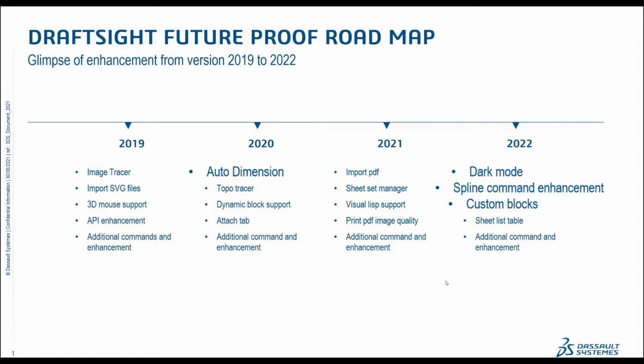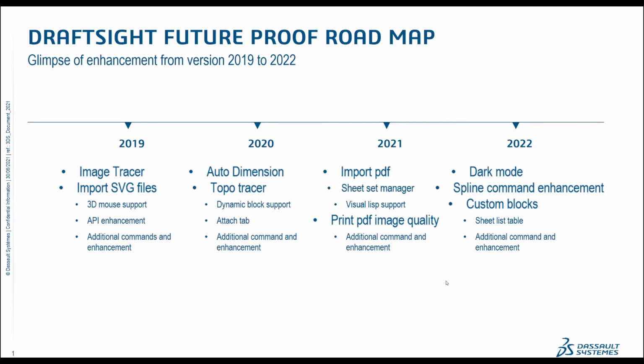We will see how effectively we can convert raster images to vector geometries with the help of features like image tracer and topo tracer. We will also see what commands we have to effectively utilize drawing PDF files in our daily work.